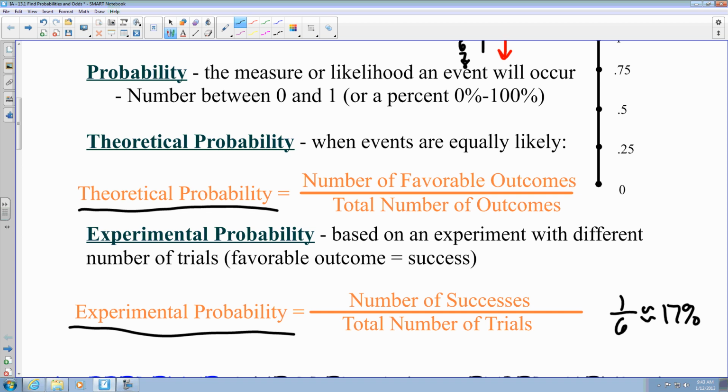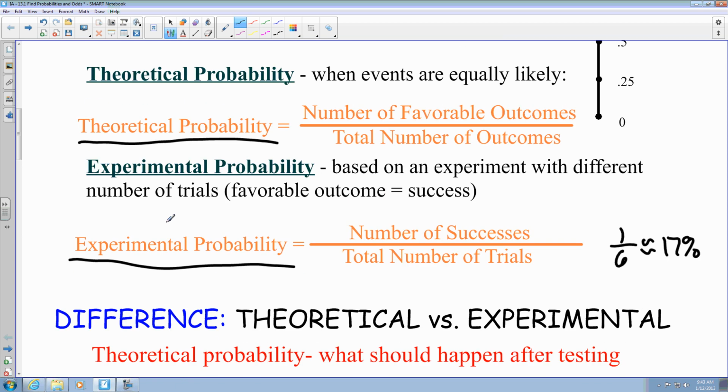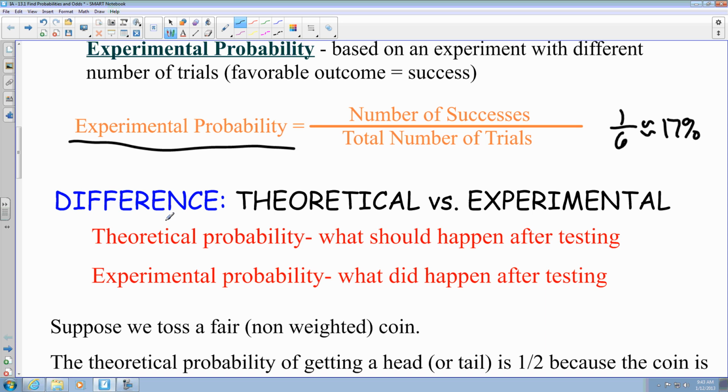And by looking at the data, you can conclude that even after 20 rolls, many times it's very close to the theoretical probability. And if you look here, I have the difference between theoretical and experimental probability.